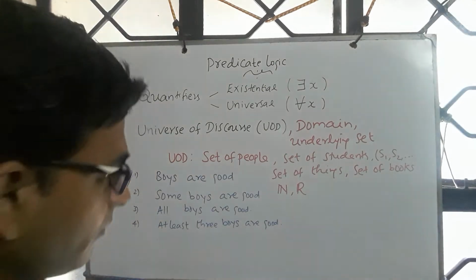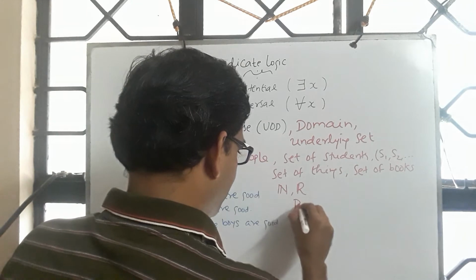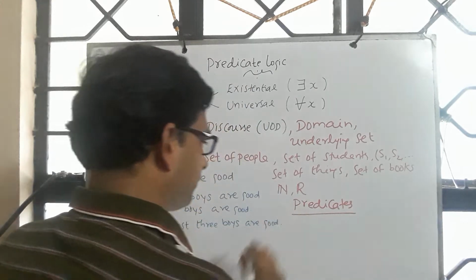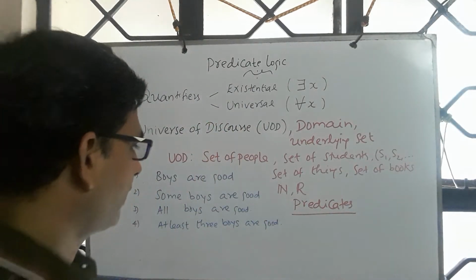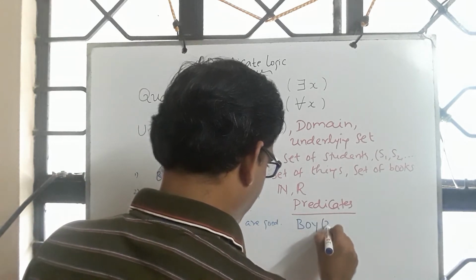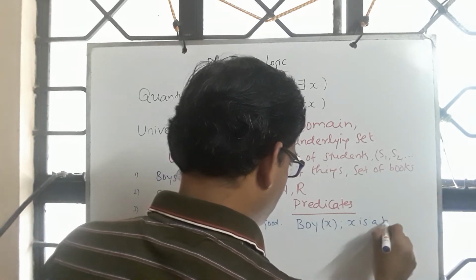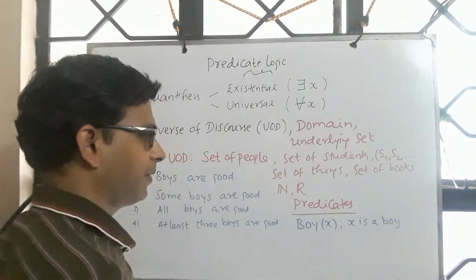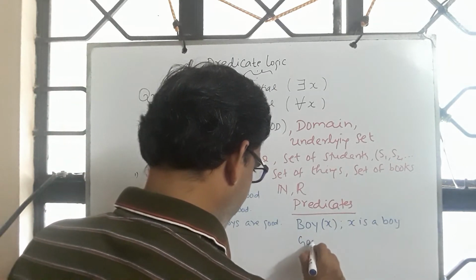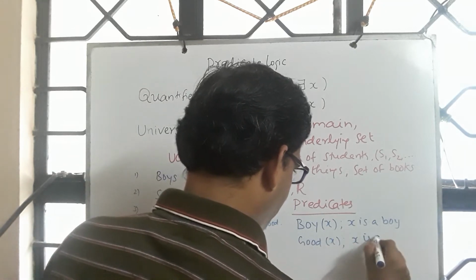With that, we will see how to express these statements. For example, I define the following predicates. So I define a predicate called boy of x, which means x is a boy. So I define something called say good of x, which means x is good.